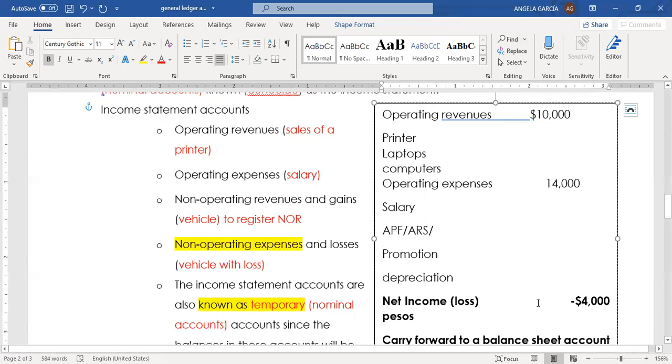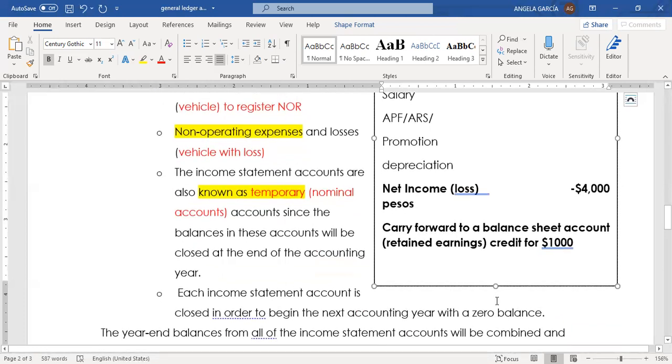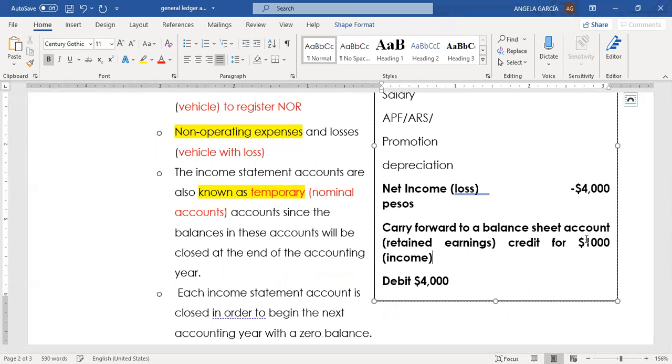So when you have a loss, instead of having a credit as in the previous example, that loss you need to debit. You need to debit 4,000. If it is an income, you have a credit. If it is a loss, you have a debit.